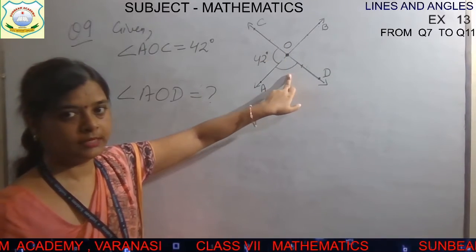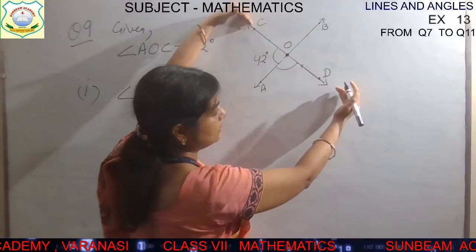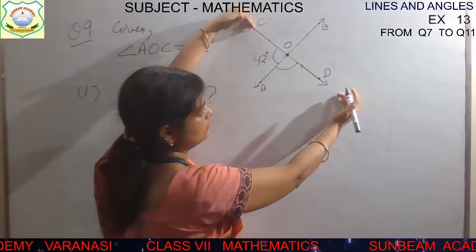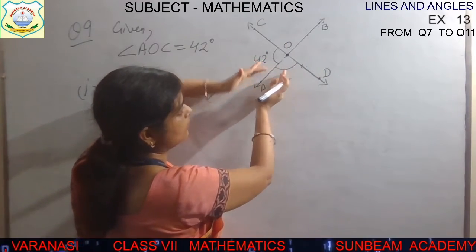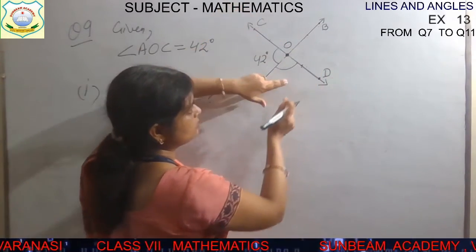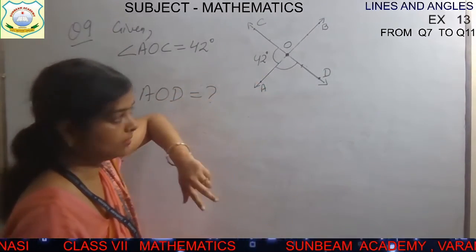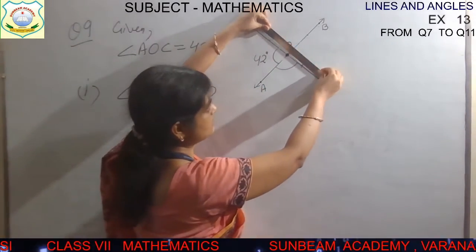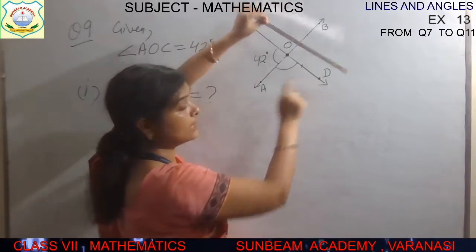AOD, this we have to find. Now can you see this one? It is a straight line. It means these are two angles formed on a straight line. So definitely they will be adjacent angles. Okay children, let's see this. This is a straight line, as it was told in the question. It is given that CD is a line.